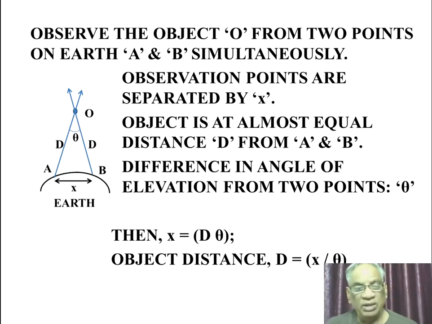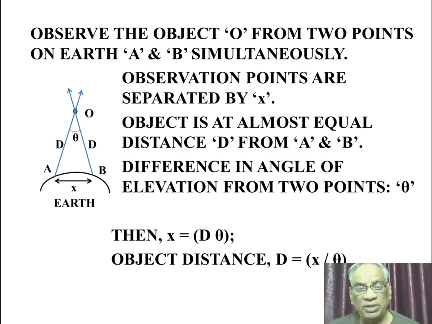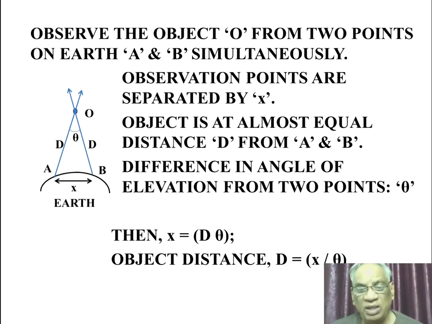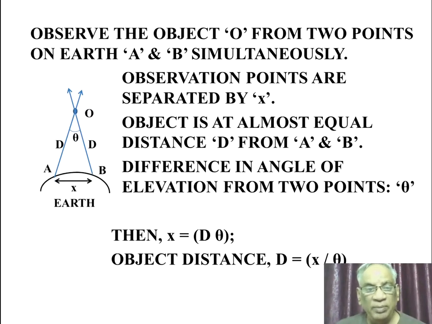So x is equal to D theta, then the object distance capital D is equal to x by theta. x is already known because the distance between the two observation points A and B is known. Angular difference theta is also known from the angle of elevation measurements made from points A and B. One important thing is that the observation should be made simultaneously from points A and B in this method.